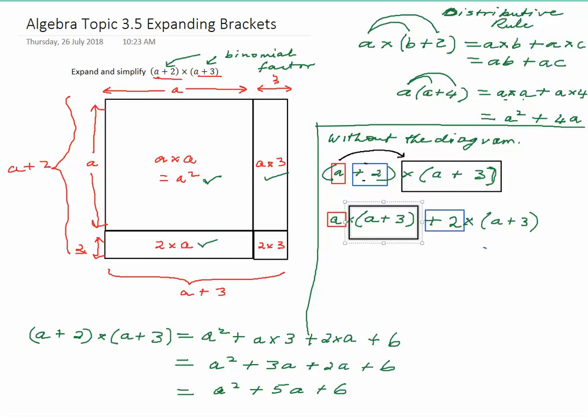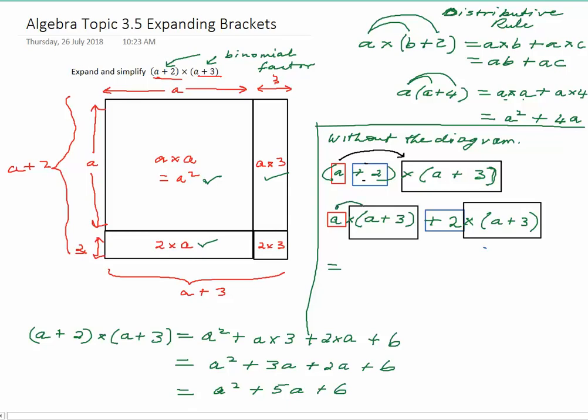Let me just stop the video for a sec. Okay, now that we've done all that, hopefully you can see the parts and their relationship to the original. So now we use the distributive rule. We go A times A, we're back to the distributive rule up here. So you get A times A plus A times 3.